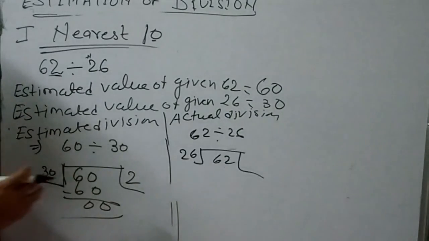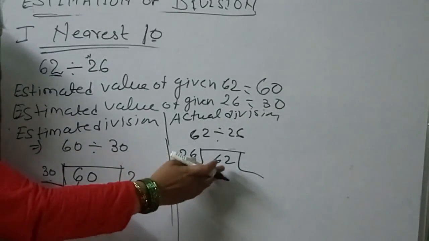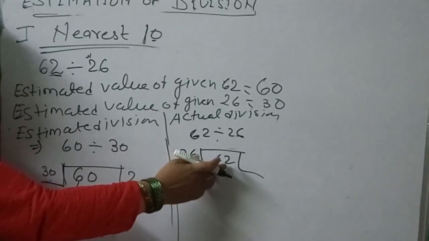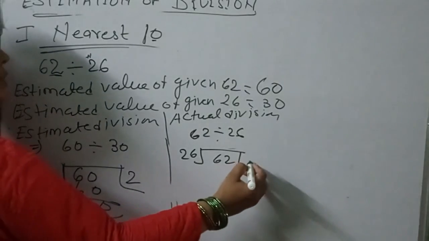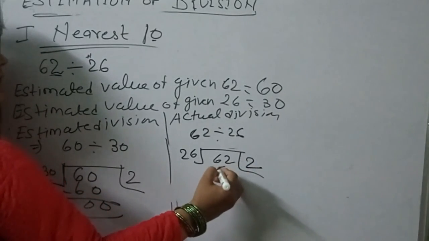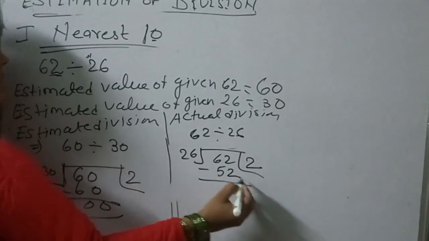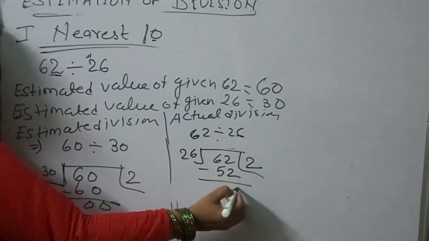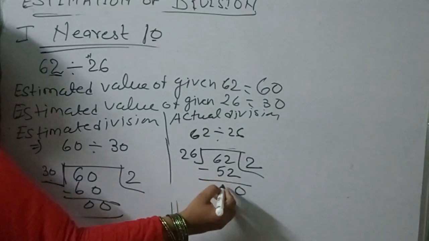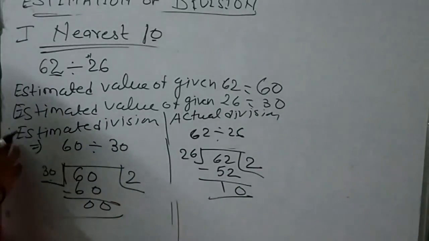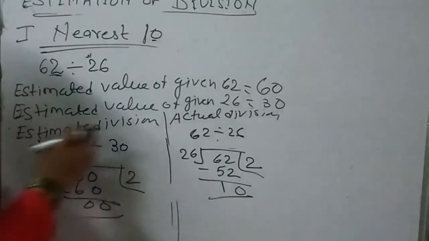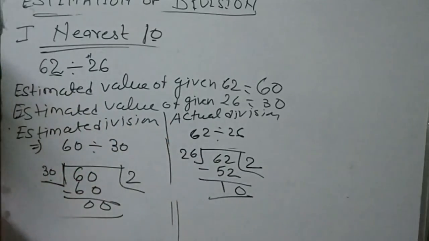Always remember the number should be less than 62 or equal to 62. Then 26 ones are 26, 26 twos are 52. So here we will write 52 and then 2 minus 2 is 0, 6 minus 5 is 1. So now this one is the estimated division and this one is the actual division.